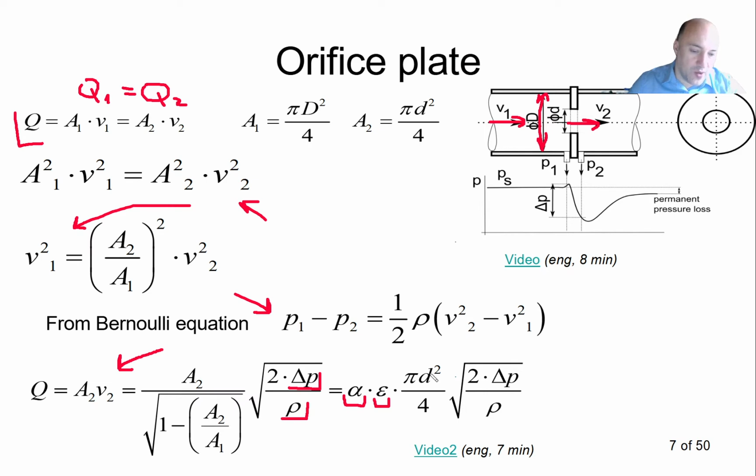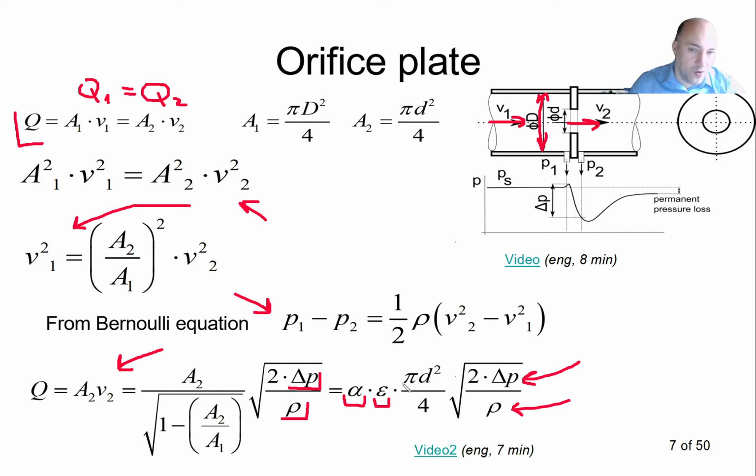So here we have the D, that's the diameter of my opening in the orifice plate. And here we see the pressure difference. So in an industrial application, you measure the delta P. Eventually, you measure the temperature so that you get the density. And all this is calculated and it gives you the flow rate.